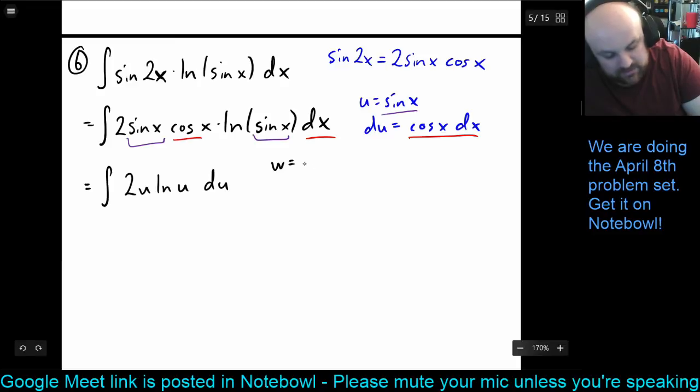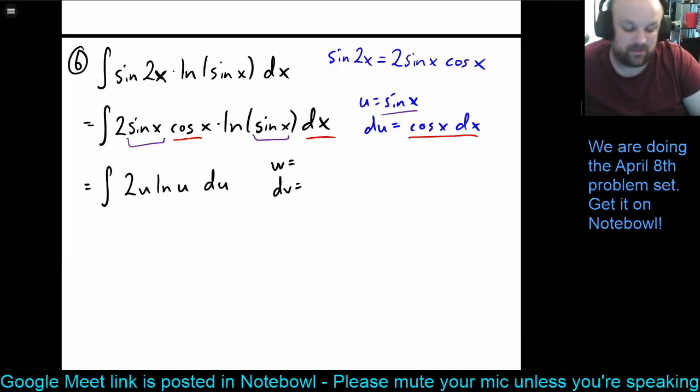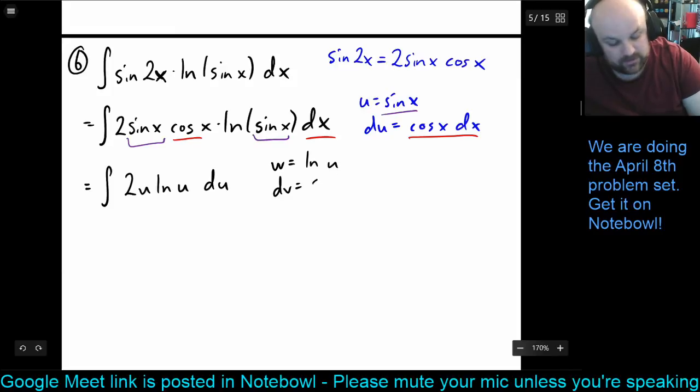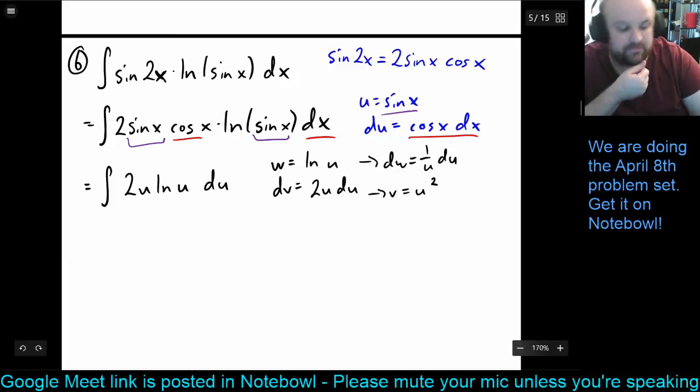So w is 2u, dv is ln of u. I did that backwards. Remember, the log one is the one that we choose to differentiate. So w is ln of u, dv is 2u du. So dw is 1 over u du. v is u squared.